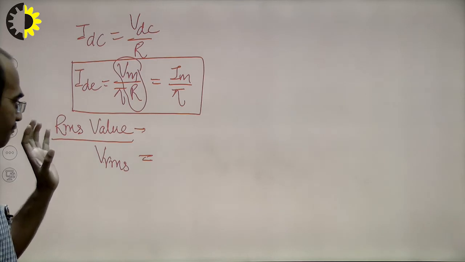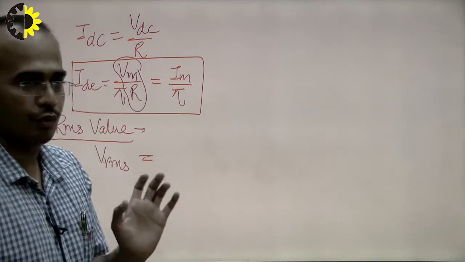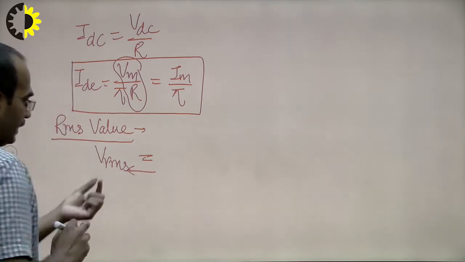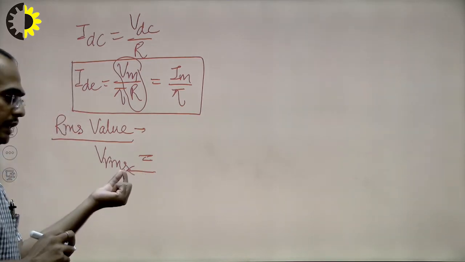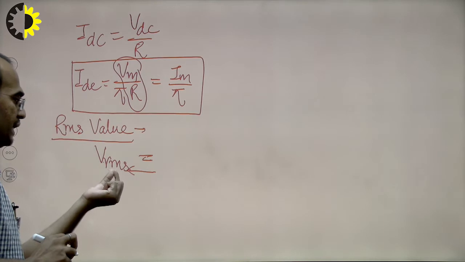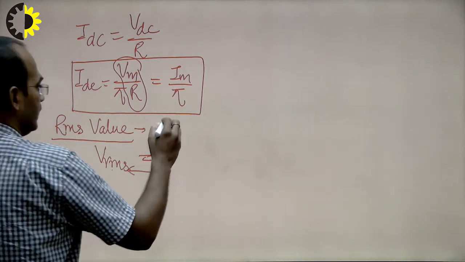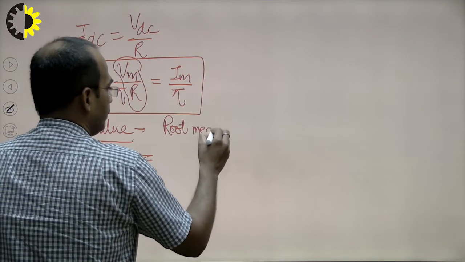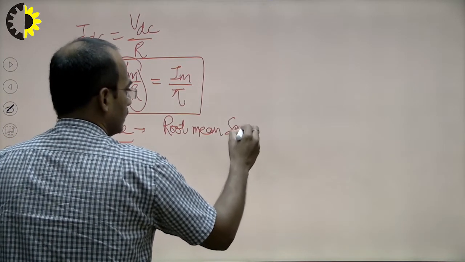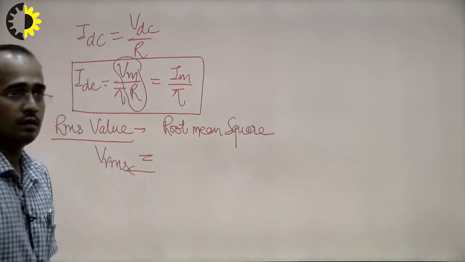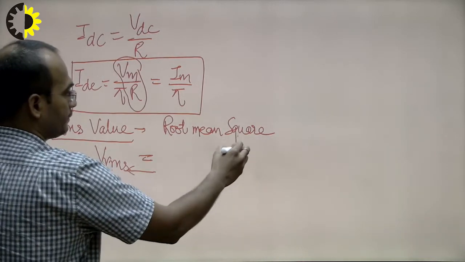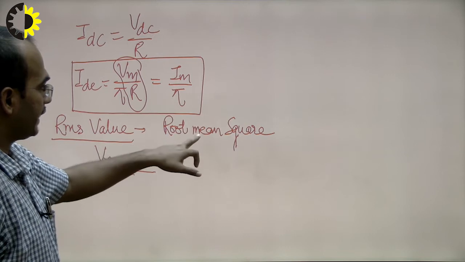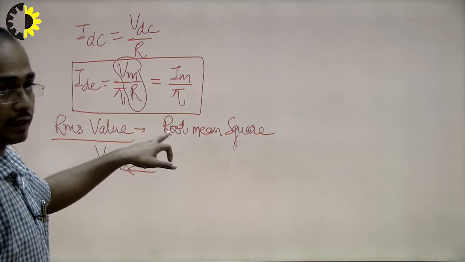So, I am finding the RMS value of the output voltage. First of all I will square the output voltage, after that I will take the mean, after that I will take the root. This is root mean square.